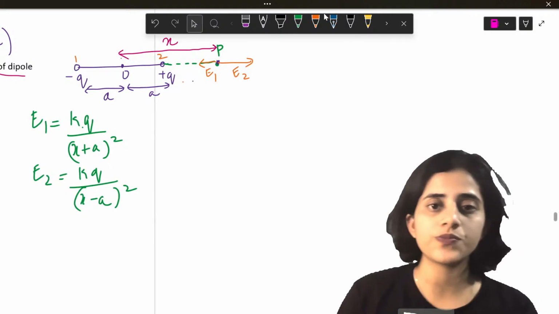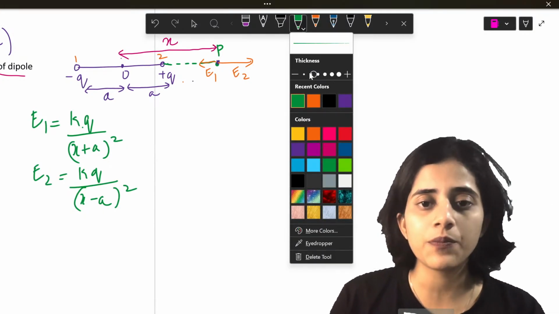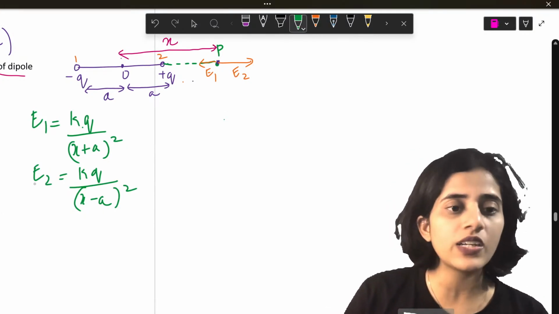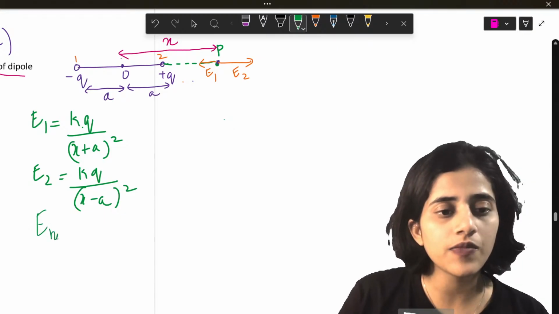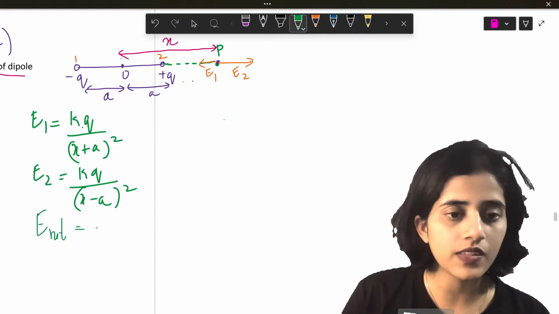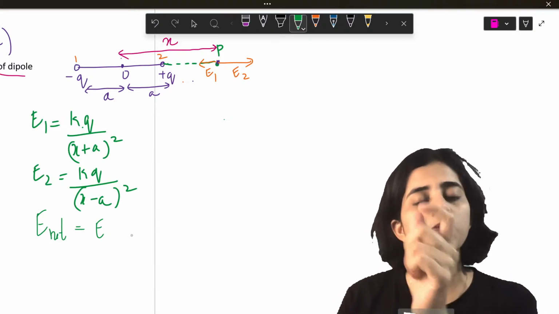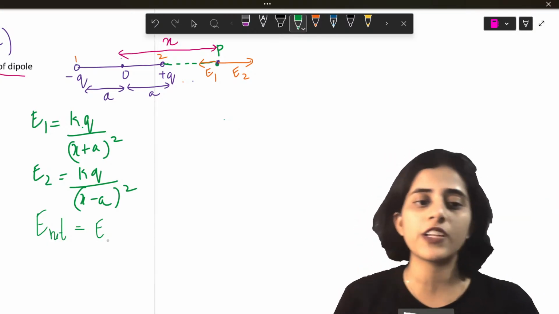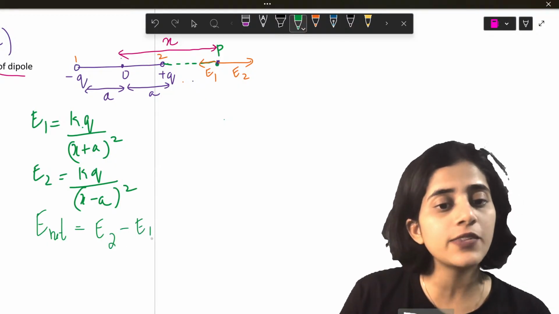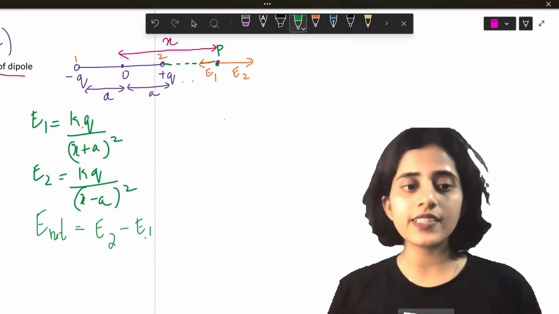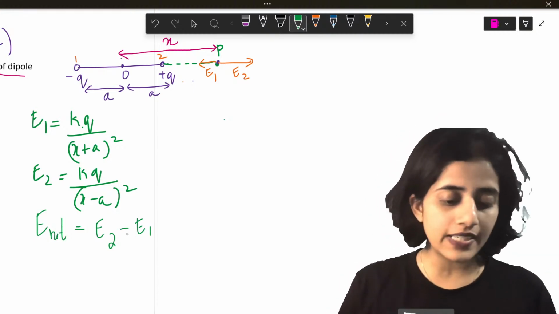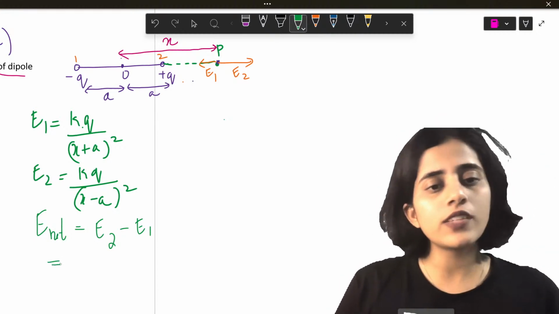Let's just continue. What is the next step? The next step is to find out E net. Okay, so E net is what? Which is bigger? Obviously, E2 is bigger because E2 is from plus Q, which is more close to point P. So I will take it as E2 minus E1. Alright, E net is equal to E2 minus E1. So let's do the math.